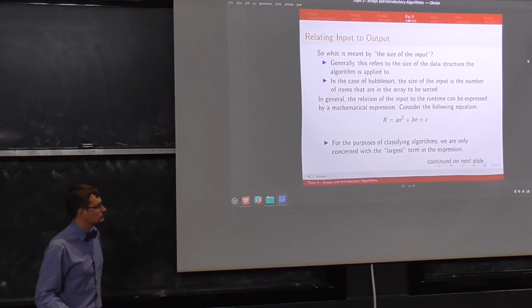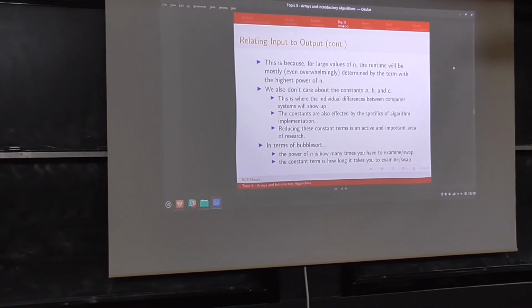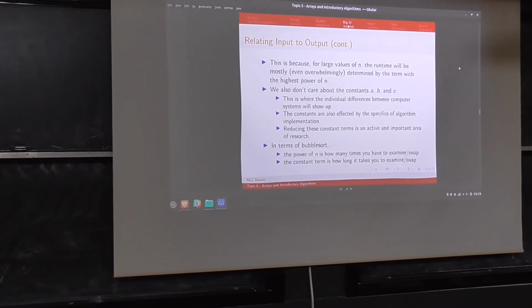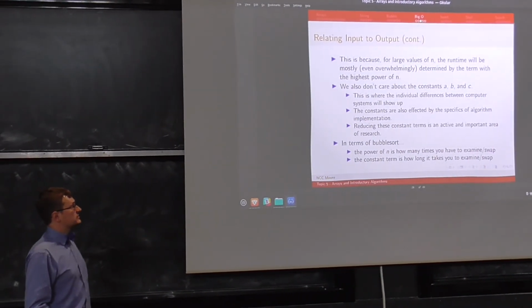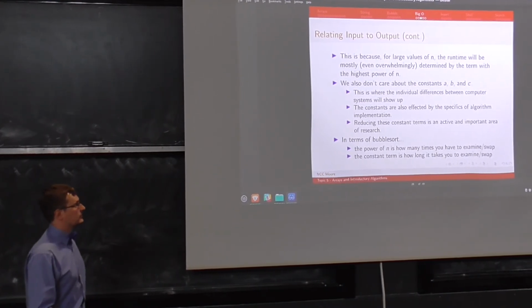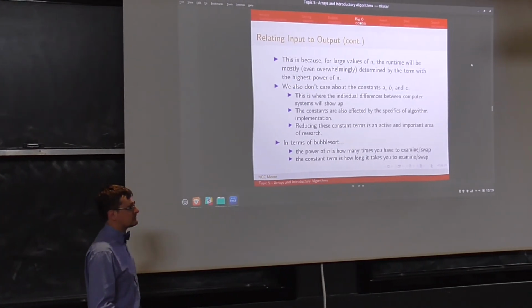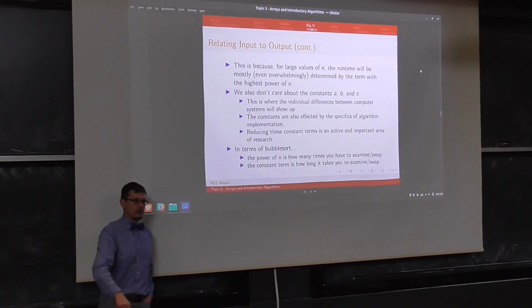For large values of n, the runtime will be mostly, even overwhelmingly, determined by the term with the highest power of n. We also don't care about the constants a, b, and c. This is where the individual differences between computer systems will show up.